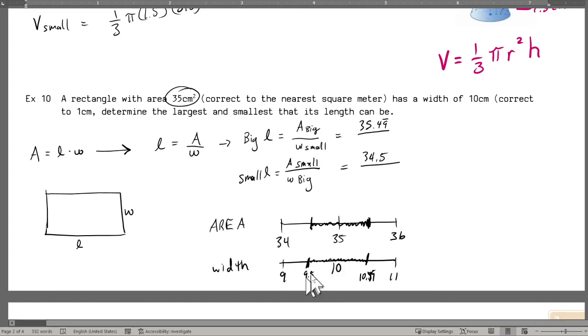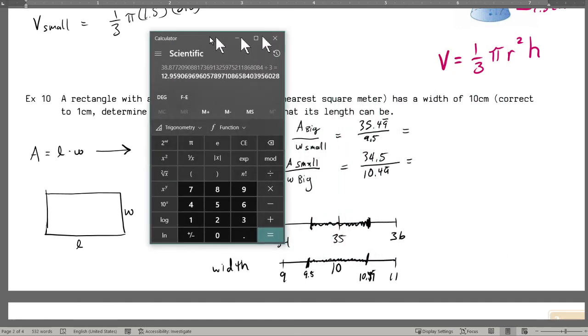So I'm going to take my small width and stick it there, 9.5, and my big width and stick it there, 10.49 repeating. This is the largest that the length could be up here, and this is the smallest that the length could be. So let's do this.